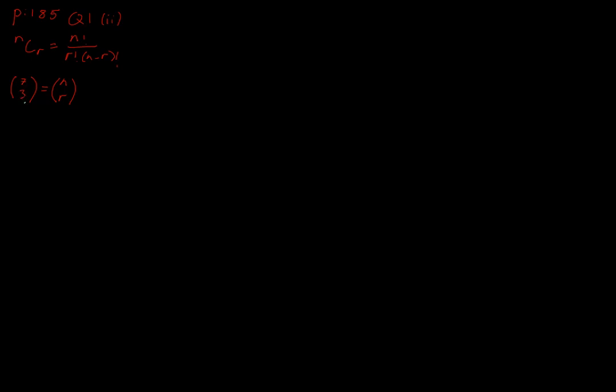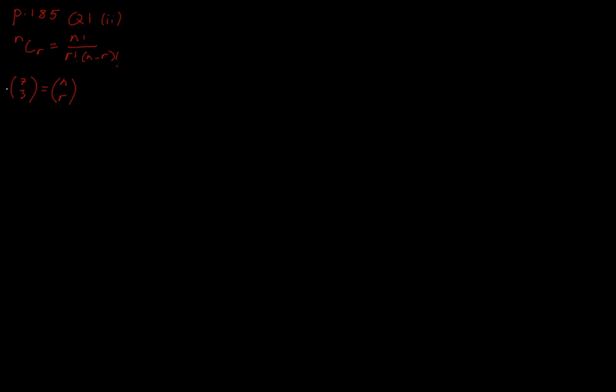So choose is the word that we're going to use for combinations, in the same way as arrange was the word we used for permutations. We'll practice that language a little bit more later. For now we have 7 choose 3, and that's what our brackets here mean.